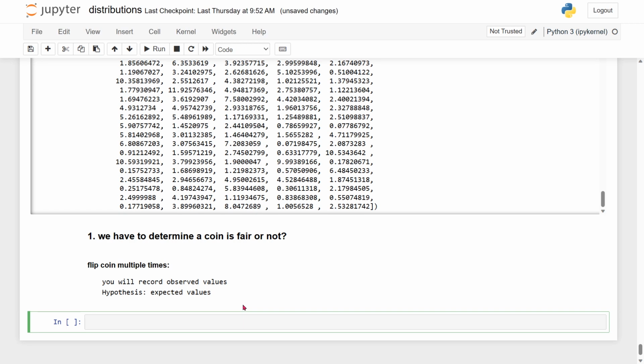So here the chi-square distribution helps you determine whether the difference between the expected and observed outcomes is due to just mere chance or whether there is some underlying bias in the data.